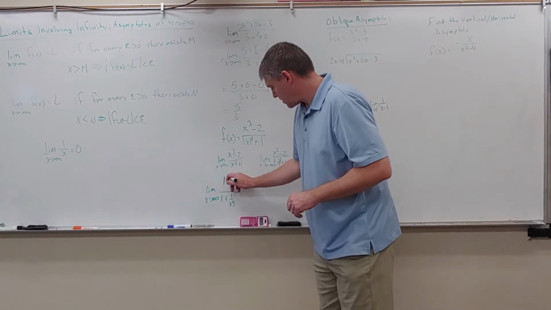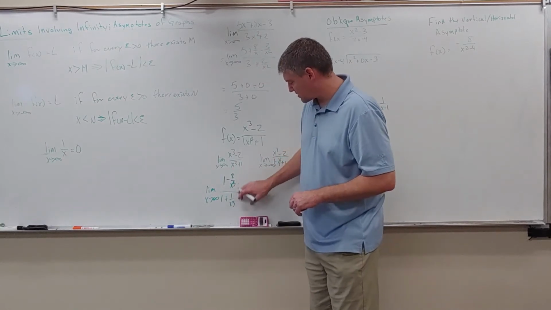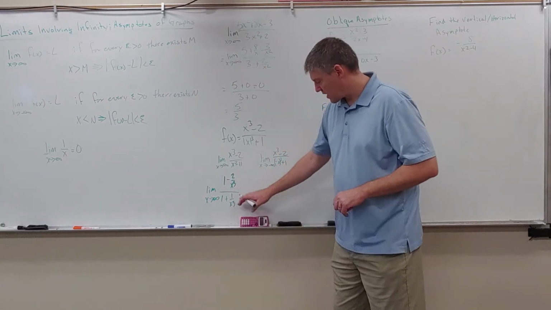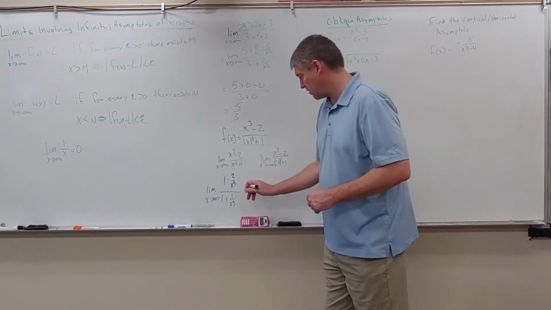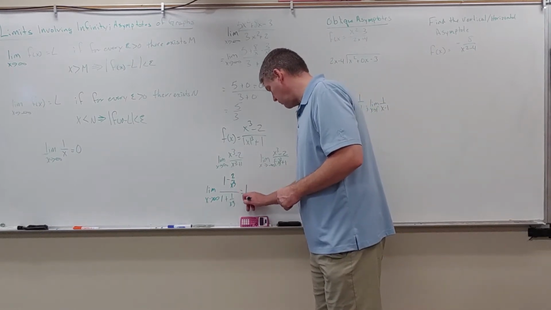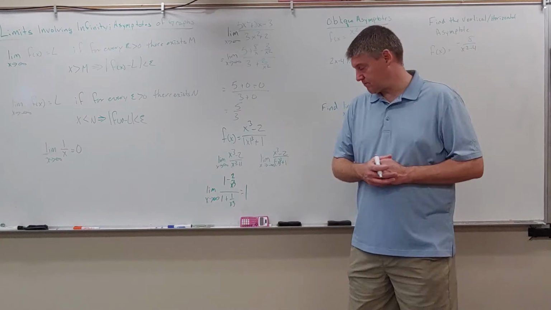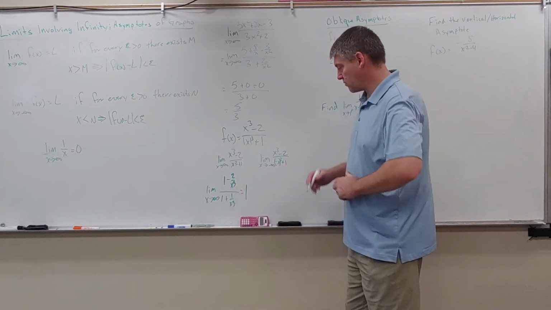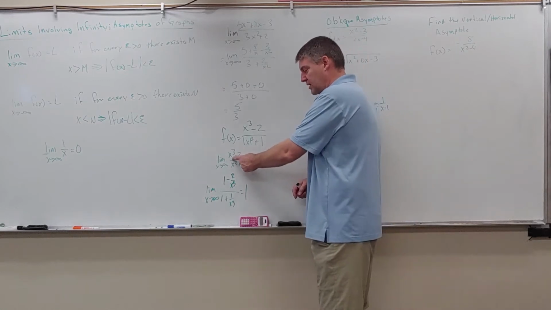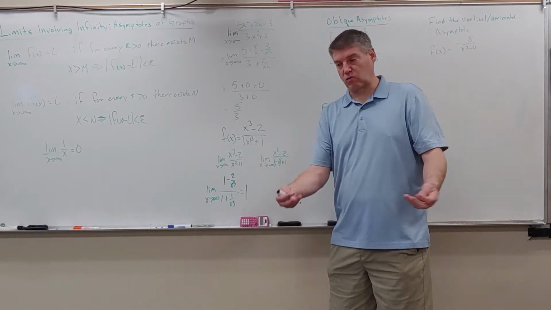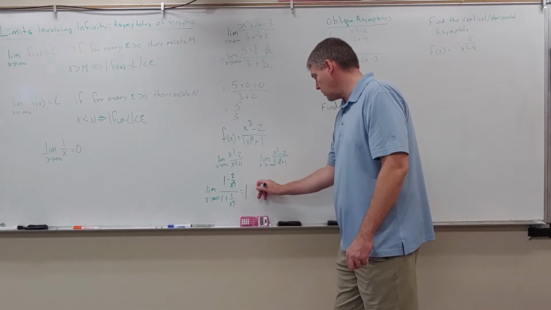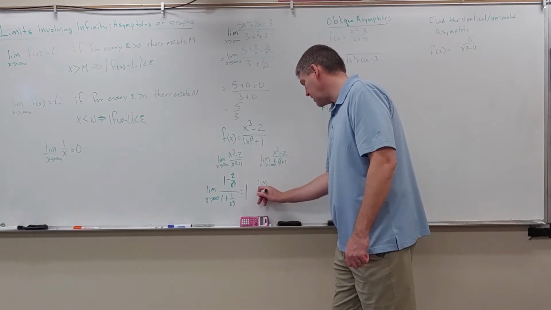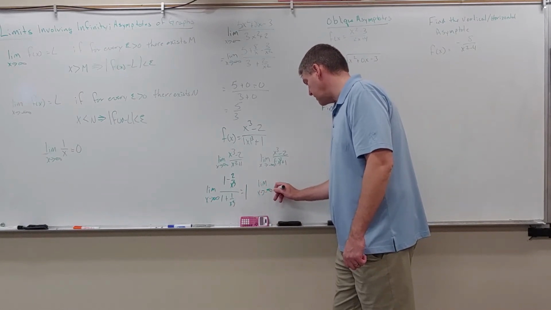We know that these two pieces, 2 over x cubed and 1 over x cubed, are going to be 0. So I end up with 1 over 1, which is 1. When I go to positive infinity, I have a positive 1, which makes sense because a positive number over a positive number is 1.